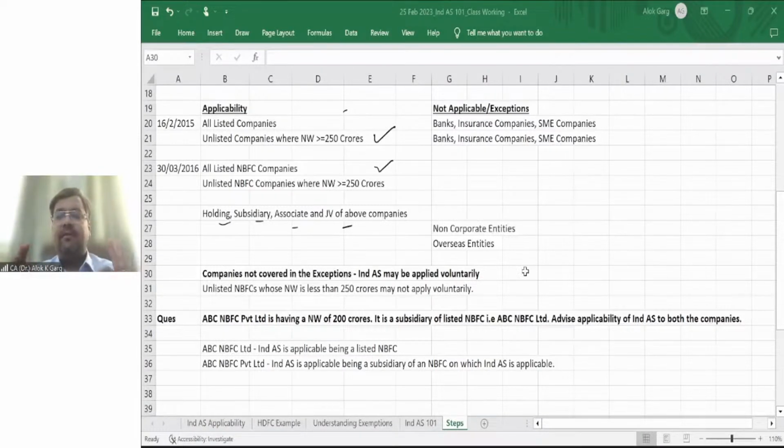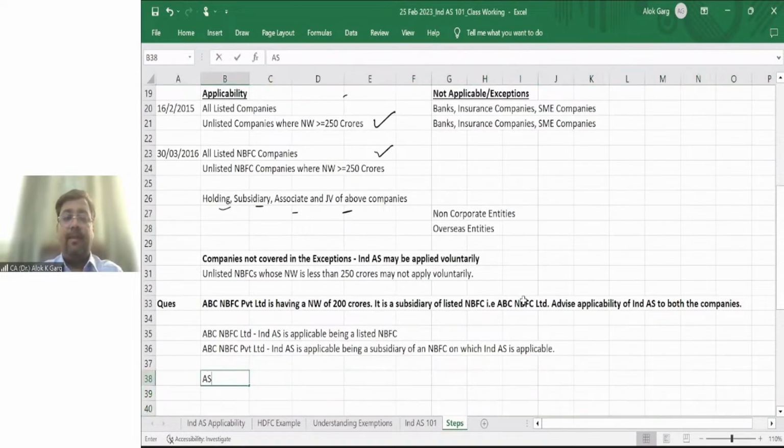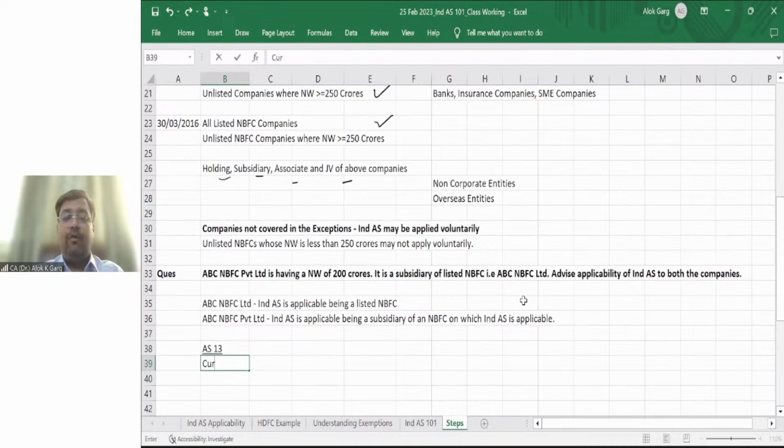The simplest and very visible rule I can tell you is the different provision. You are all aware of accounting standard 13, AS 13, right? AS 13 is the accounting standard for investments, and it says there are two kinds of investment, right? Current investment and long-term investment. What is the rule for measurement of current investment?